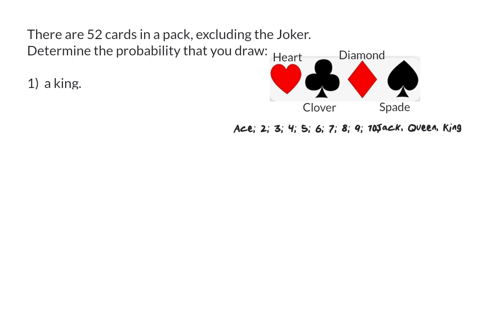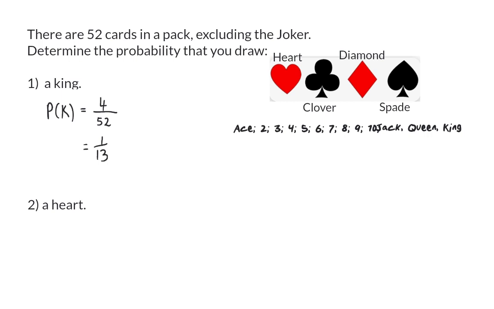That is a total of 13 cards per suit. So if we are asked to determine the probability to draw a king, we know that in total there are 52 possible outcomes. In every single suit we have a king, which means we have 4 different possible kings to remove. Simplified, this is 1 out of 13.